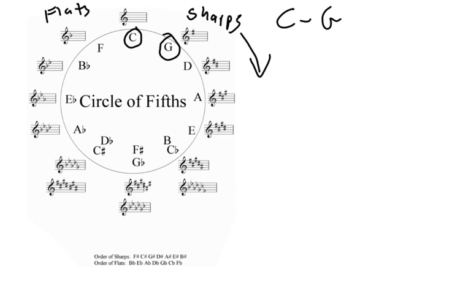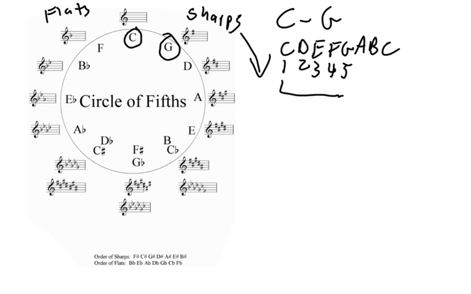The way to understand that is if you take a C major scale, C, D, E, F, G, A, B, C, and you start counting 1, 2, 3, 4, 5, you can see that from here to here, this interval is called a fifth.